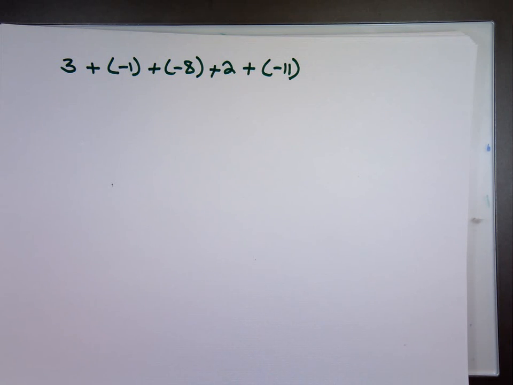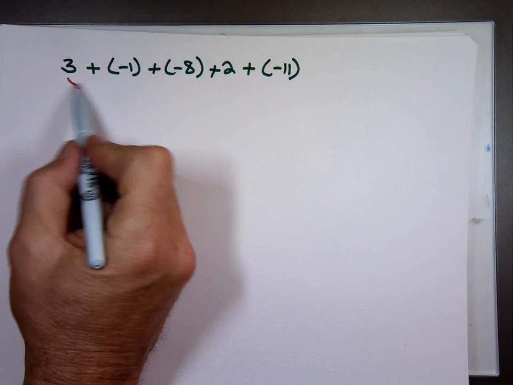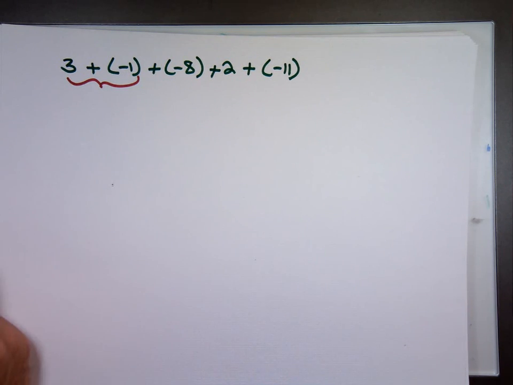Now when I do this, I'm going to do it both ways. I'm going to grab the first two numbers and I look at them and I said 3 plus a negative 1.